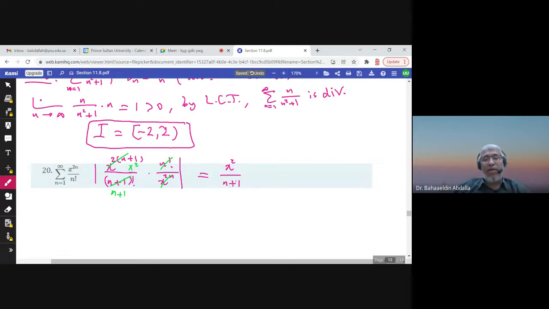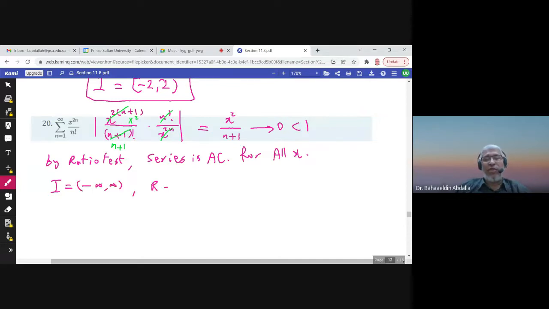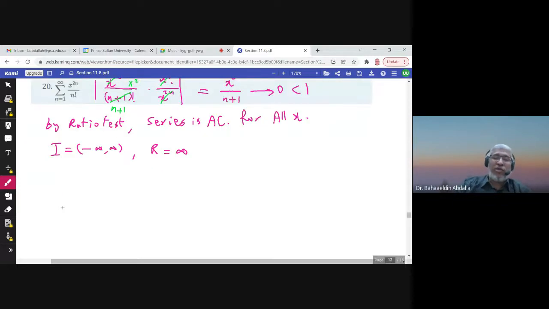And when n goes to infinity, x square over infinity is 0, and 0 is less than 1. So by ratio test, series is absolutely convergent for all the values of x. So the interval of convergence is from negative infinity to infinity, and the radius of convergence is infinity.